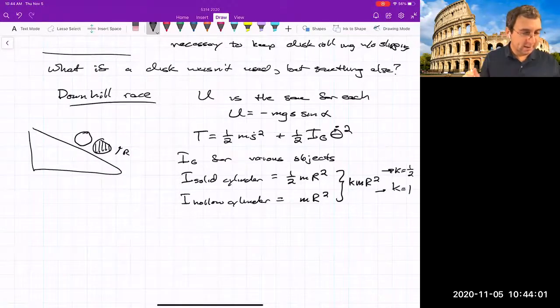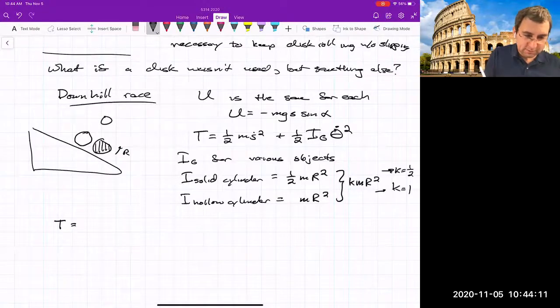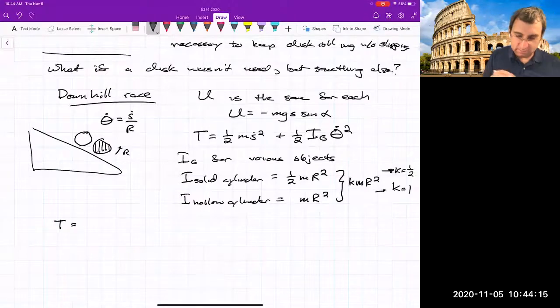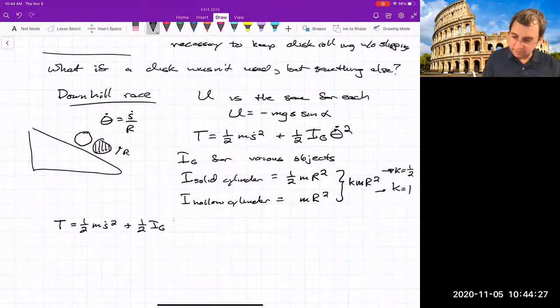So we could write the kinetic energy using the fact that this is rolling without slipping, so theta dot equals s dot over r. Put it in the kinetic energy: 1/2 m s dot squared plus 1/2 IG times 1 over r squared s dot squared.